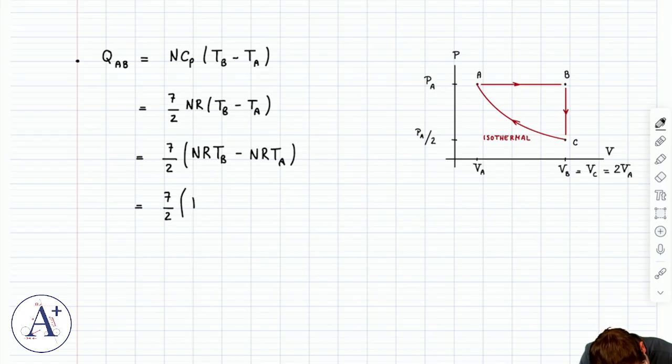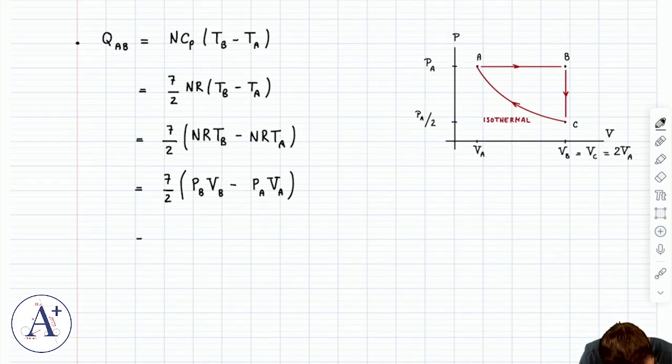That's going to be PB VB minus PA VA, and that's going to be 7 halves, PB is equal to PA, VB is 2VA, minus PA VA.